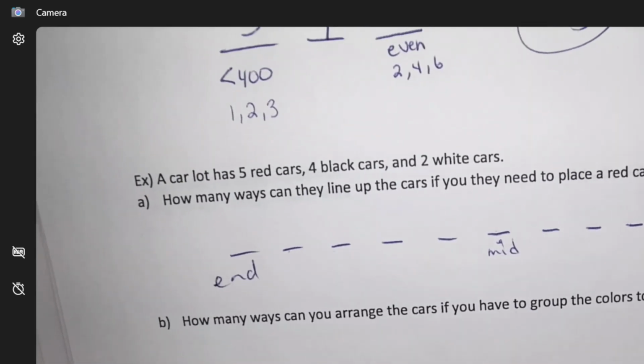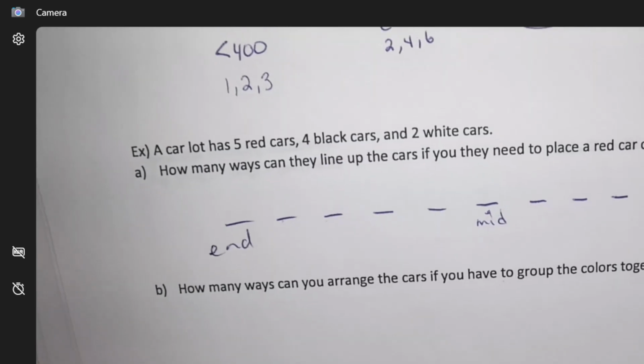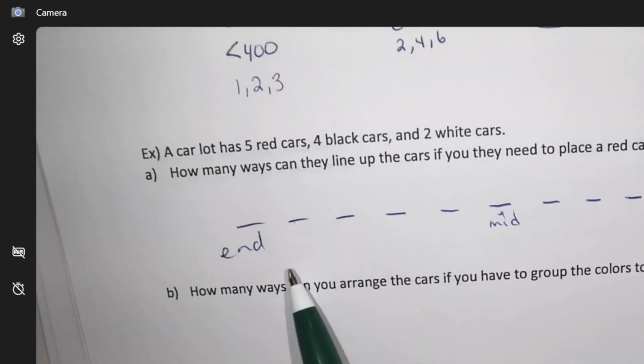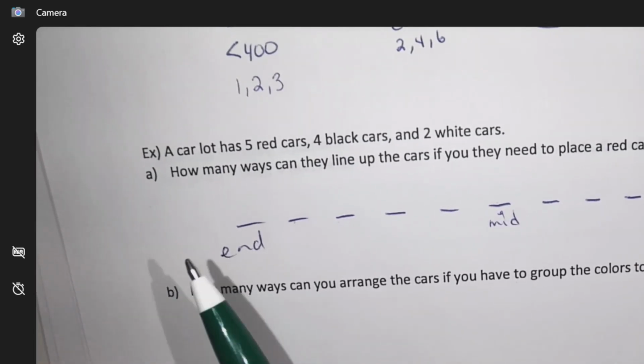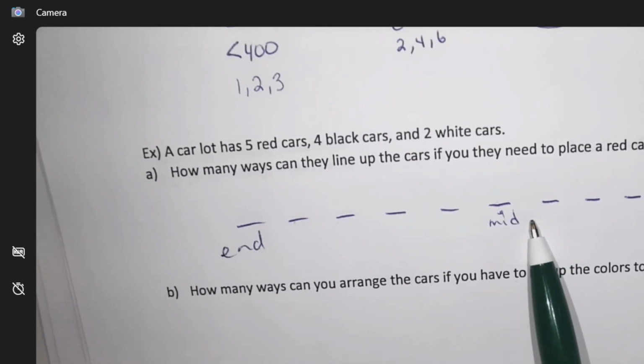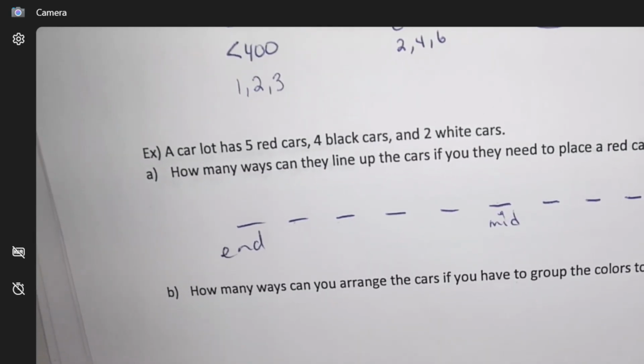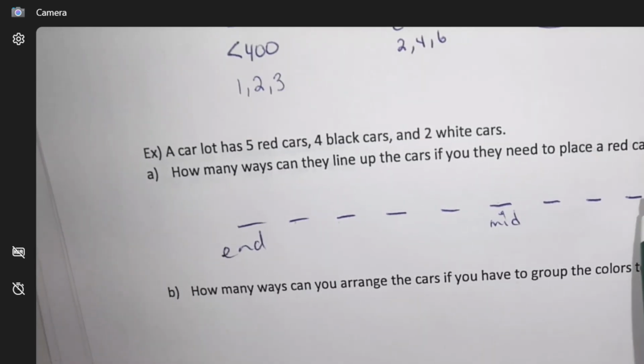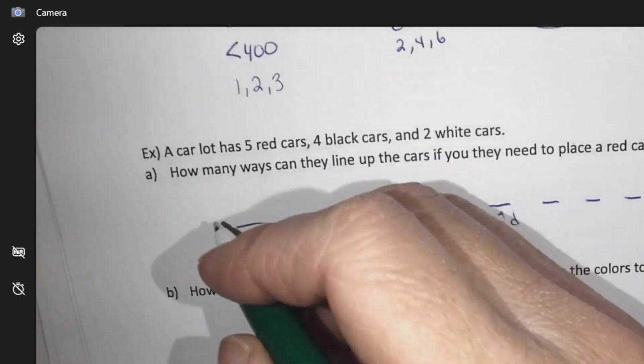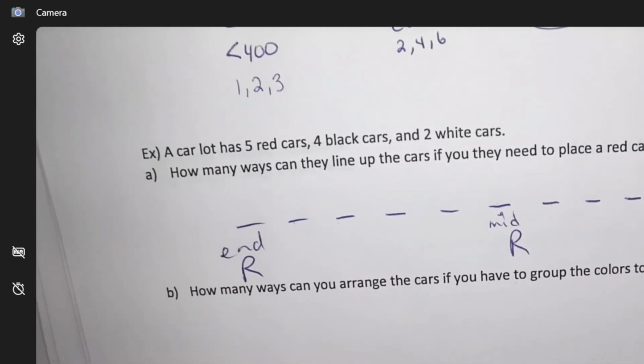Okay, so there's my arrangement. I'm going to have 11 cars. I need a red car on the ends and the middle. Okay, so I need a red car here, a red car here, and a red car here.